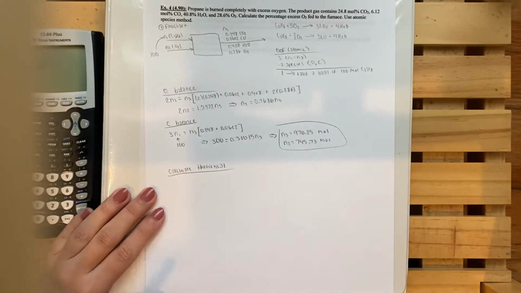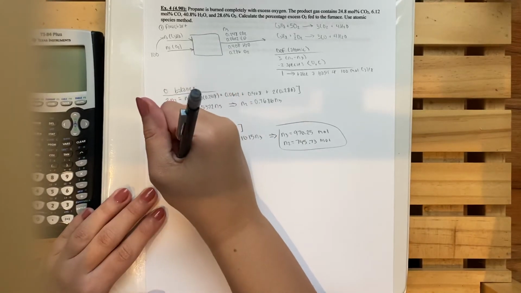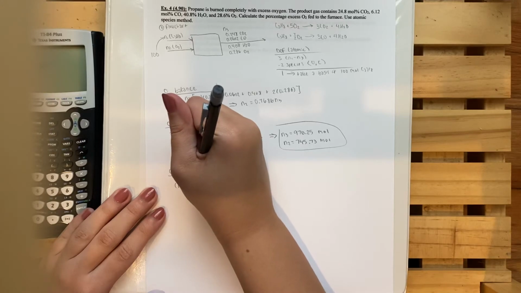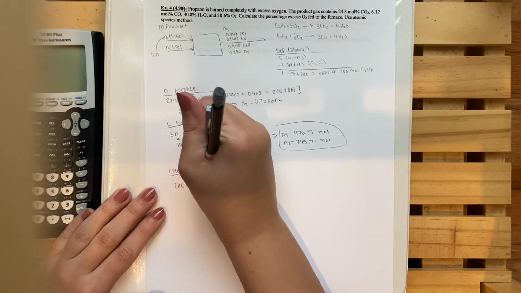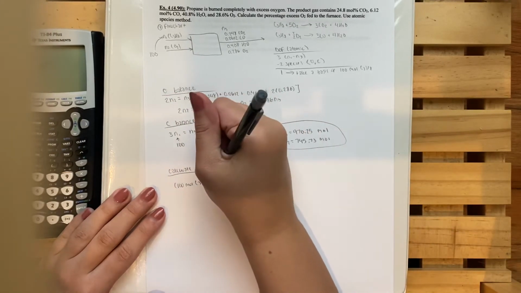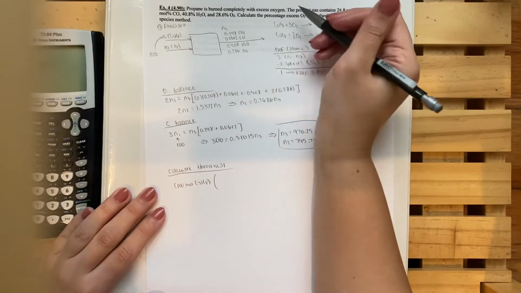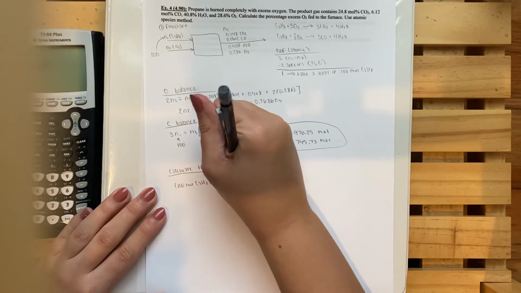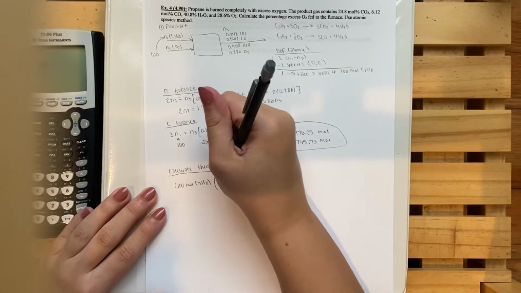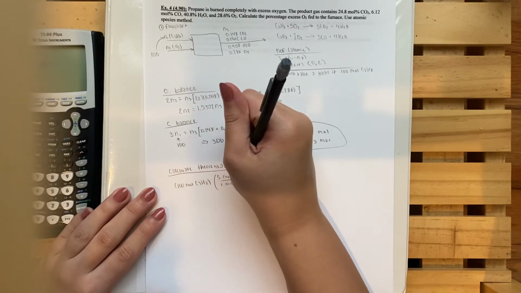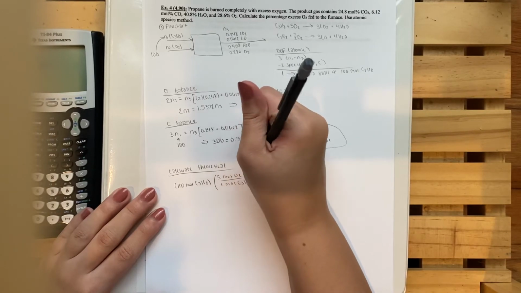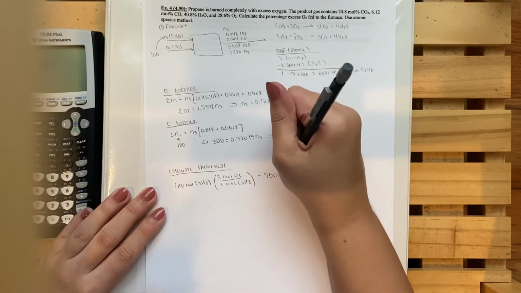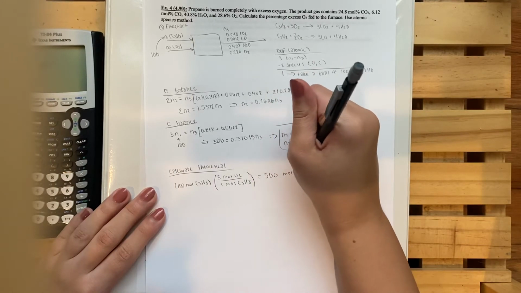So we have 100 moles of C3H8 propane and 5 moles of O2 react per mole of propane. So theoretically, we need 500 moles of O2.